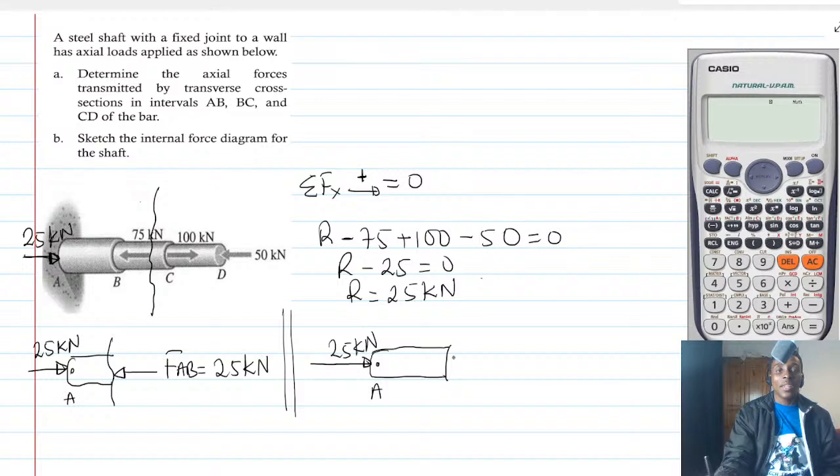So this is where we have taken the portion.